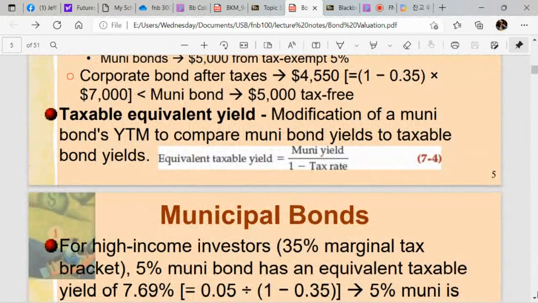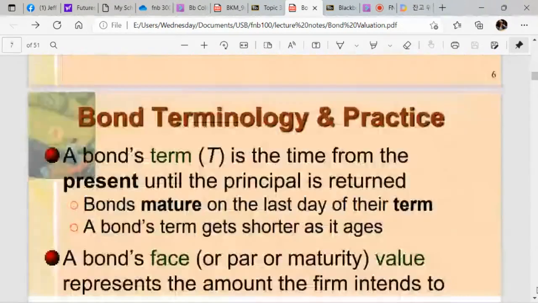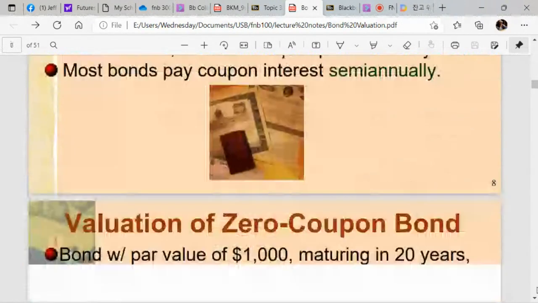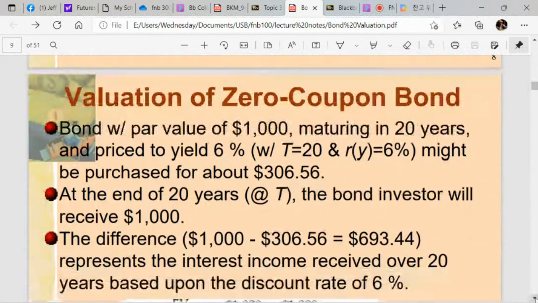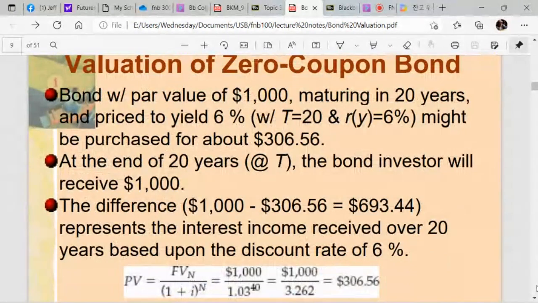So that takes care of all the institutional aspects of bonds. So now we start with valuation. First of all, valuation of a zero coupon bond, which is quite easy, and next, valuation of a coupon bond, which is also easy.